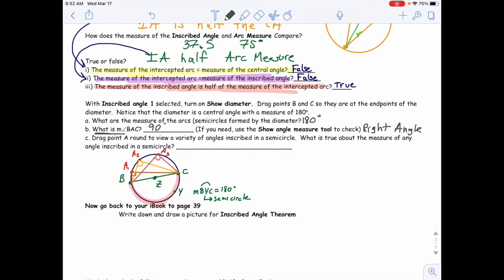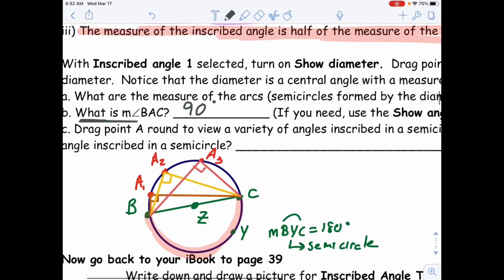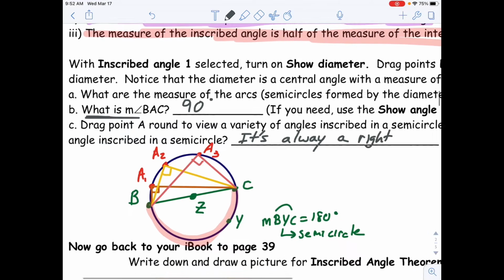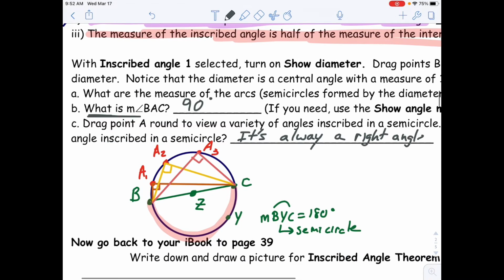If we dragged point A around and made an infinite amount, what's true about any angle inscribed in a semicircle? It's always a right angle. And that's just a cool, sweet, fun fact.